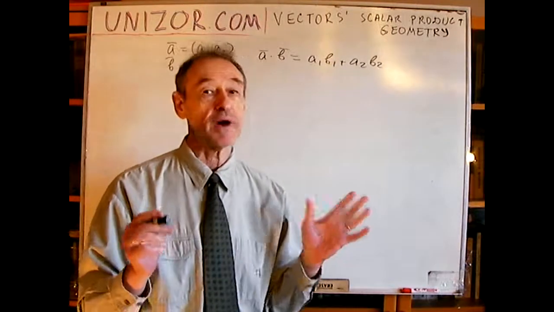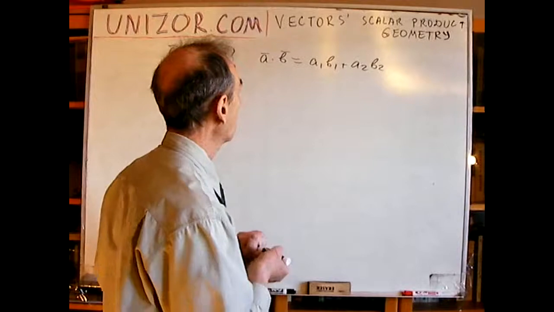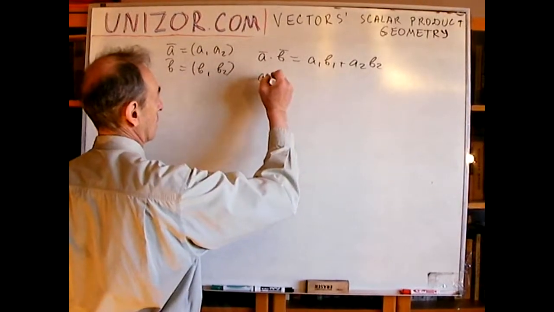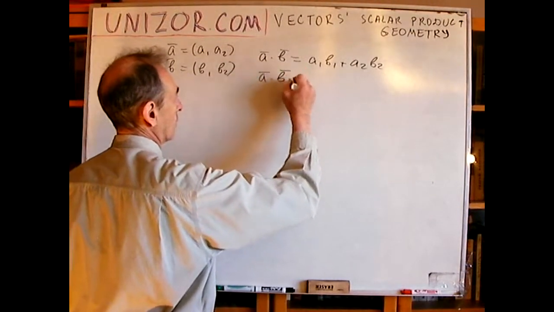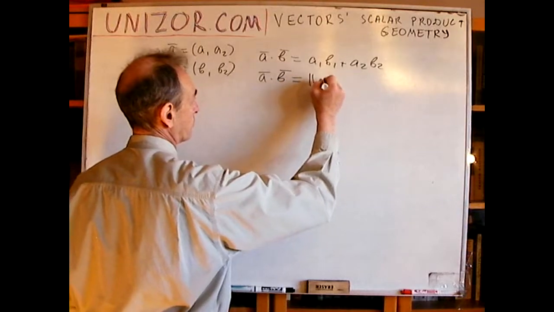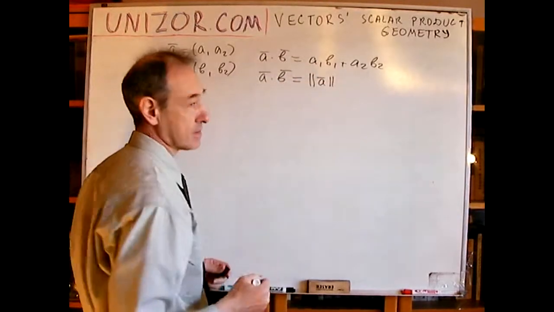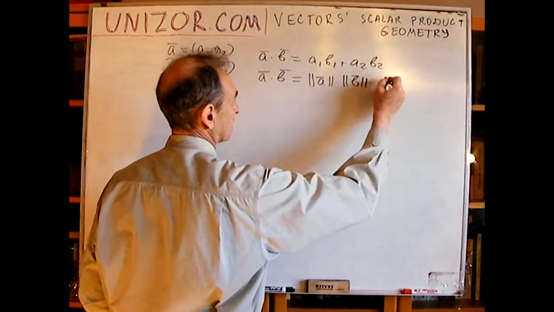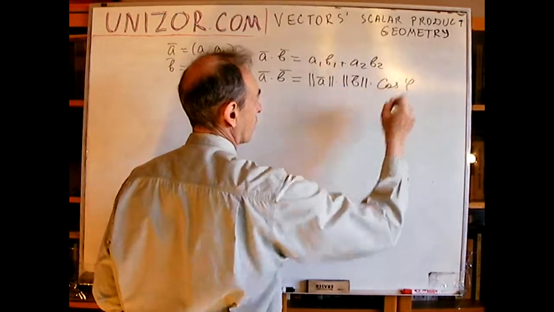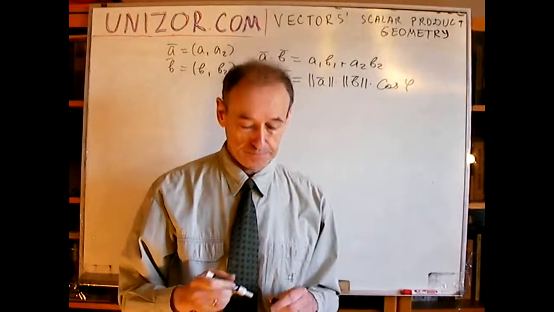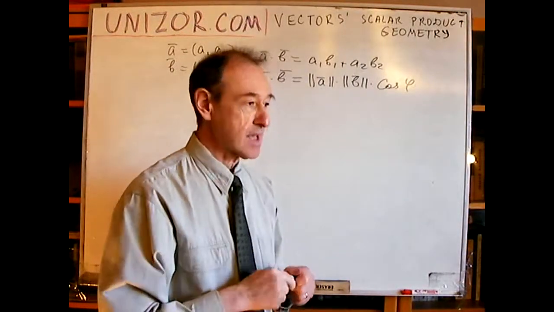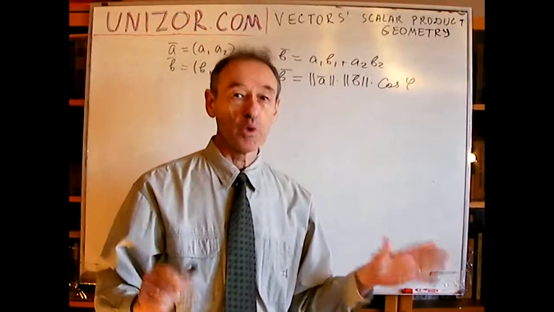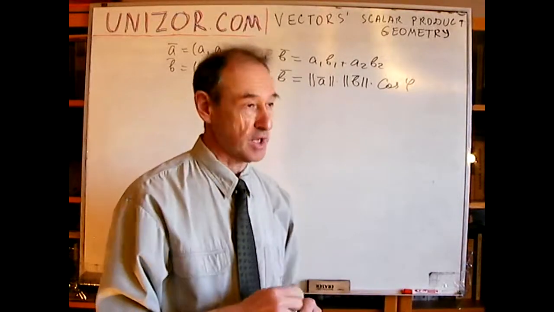Let me give you the final result, which I'm going to prove: the length of the first vector times the length of the second, and the cosine of the angle between them. So that's the final result which I will prove today.